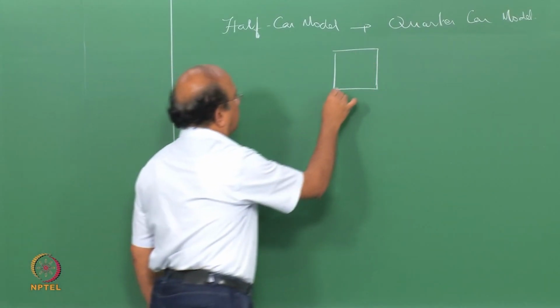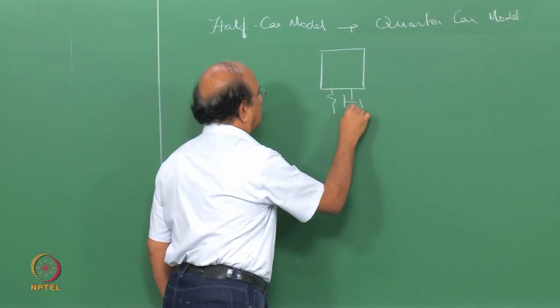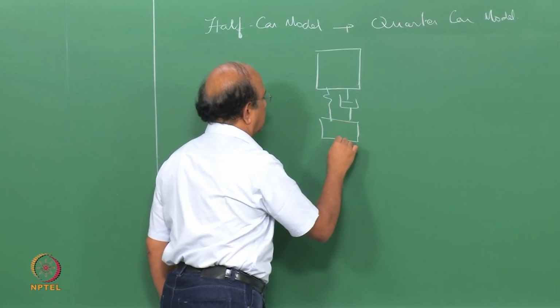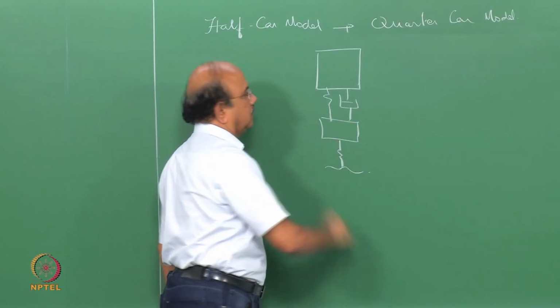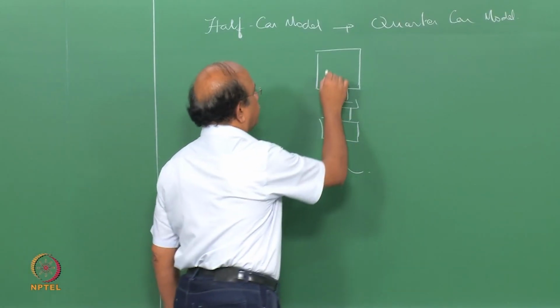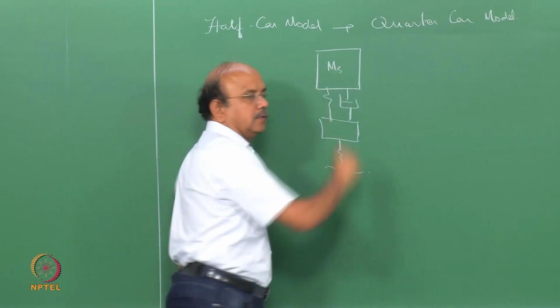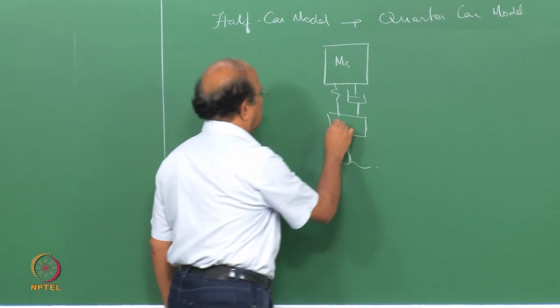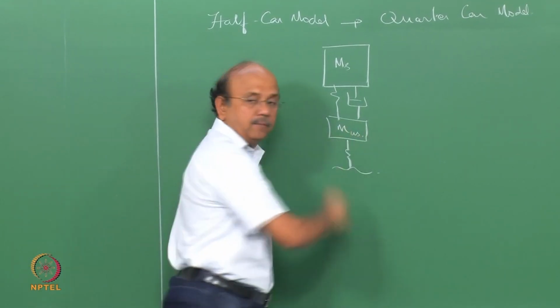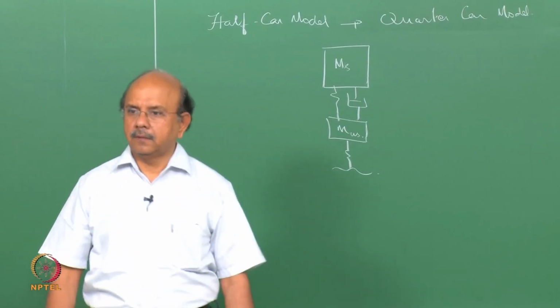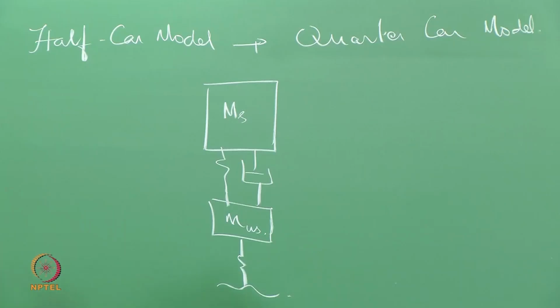So what is a quarter car model? That is what is called the M sprung mass. That's the unsprung mass. If I change anything, just tell me. I hope I use the same notation.